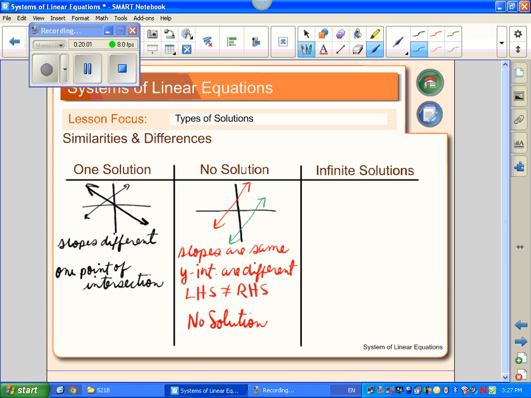Well, what does infinite solutions look like? Well, infinite solutions is when that line, and I draw another line, and it's right on top of the first one. It's the exact same line. If that happens, slopes are the same. Y-intercepts are the same. Makes sense, it's the same line.